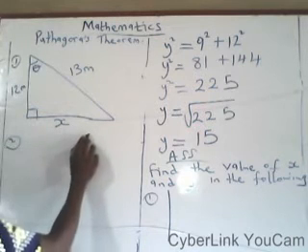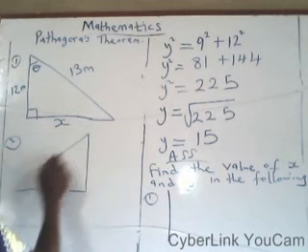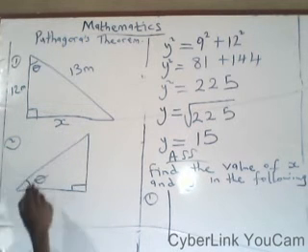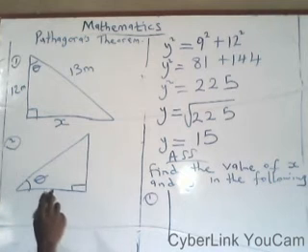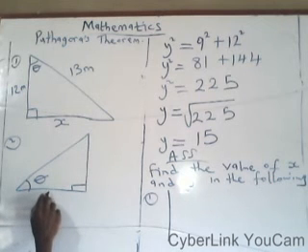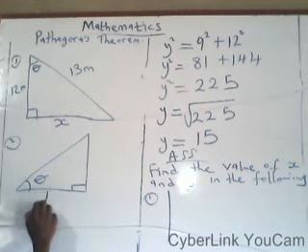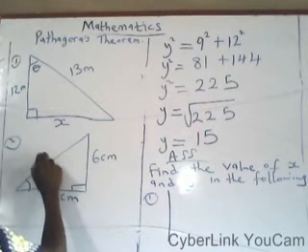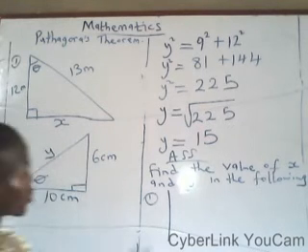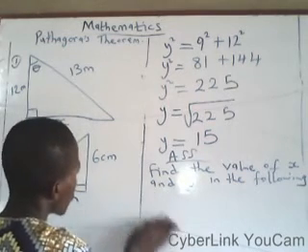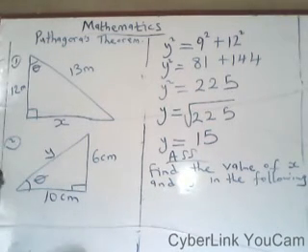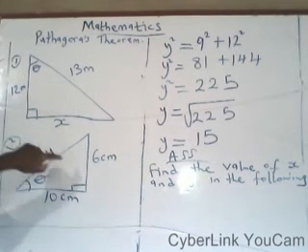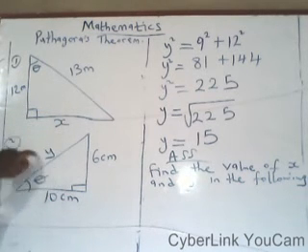And then number 2. Theta is here. And then you have to find, this place is given as 10 centimeter, while this place is 6 centimeter. Find y. So these are the two assignments that you are going to solve. Here you are going to find the value of x. In this place you are going to find the value of y.